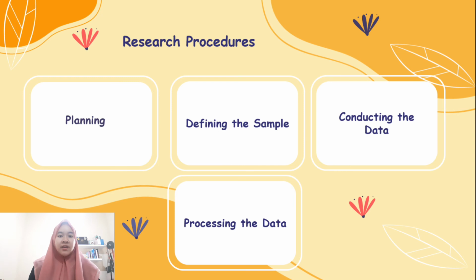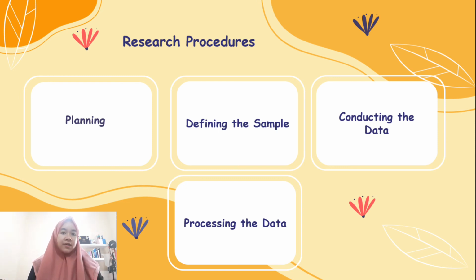The questionnaire uses Google Form, then makes observations of the research target. Furthermore, at the defining the sample point, the researcher determines the sample, randomly selected, with a total of 15 English education students.